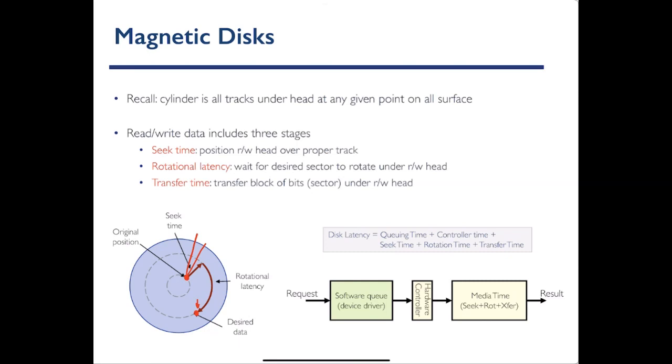Once that's done, you have a controller time, the time it takes for the controller to decipher this request, to recognize which sector it wants, to turn that request into commands for the arm, and to identify the sequence of events that should happen to reply to this request. Once that is done, you have to pay the seek time, the rotation time, and then eventually your transfer time. That would be your disk latency.